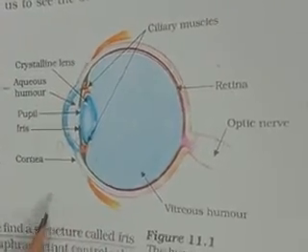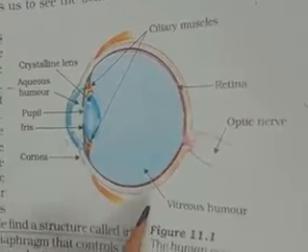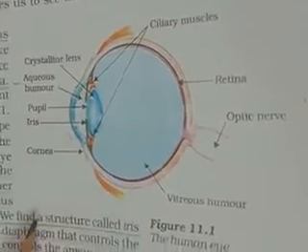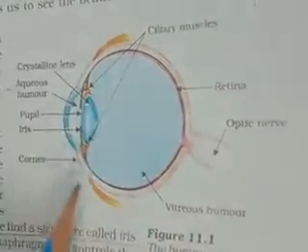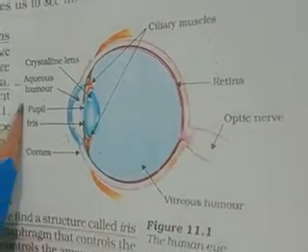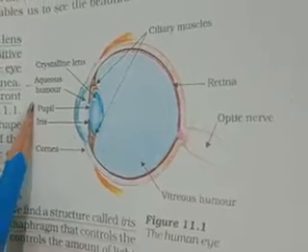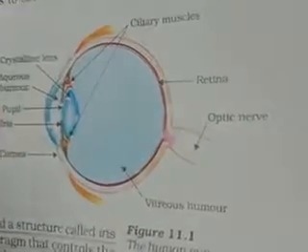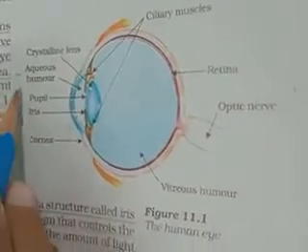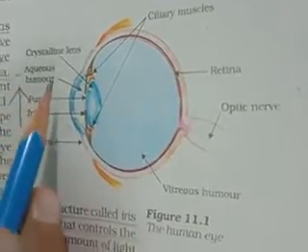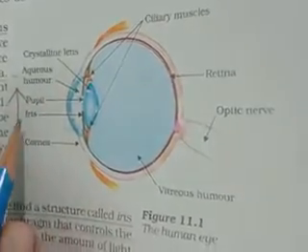Now see how I can see you and how you can see me. In front of the eye, an object is placed. Suppose I have kept this nib of the pencil. This is an object. First of all, light falls on the object.